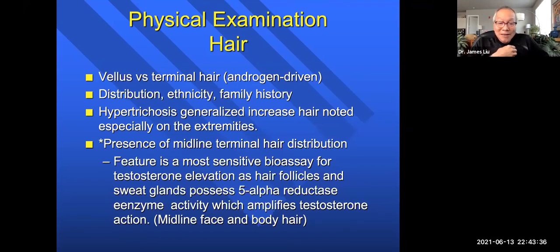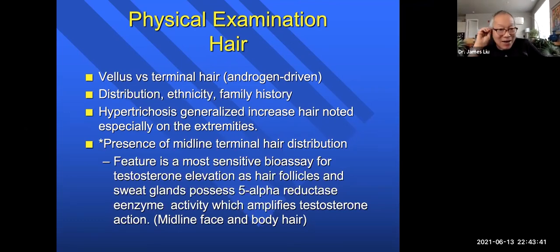And so this reflects a sensitive bioassay for a mild testosterone elevation. And you'll see this in individuals that have chronic oligoovulation, where the ovary is being stimulated, but it does not transition into estrogen progesterone production. And so more of the testosterone is not aromatized, and it is in the circulation, and this is an amplification of that elevation.